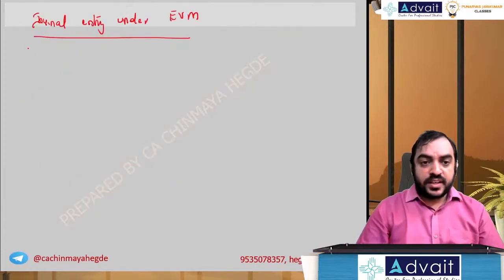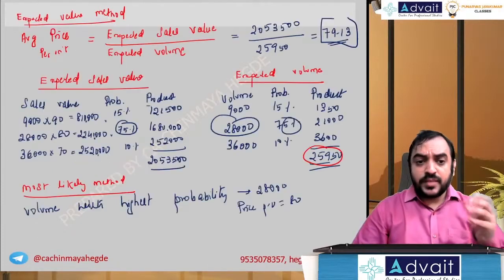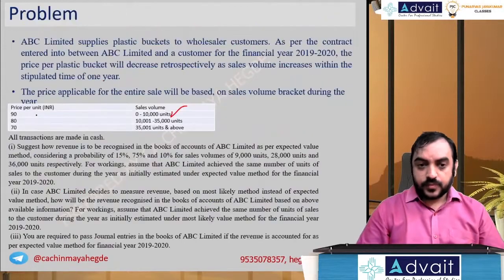So we are going to pass entry for first 10,000 units, then next 15,950 units. Okay, first 10,000 units, you would have charged him directly 90 rupees.